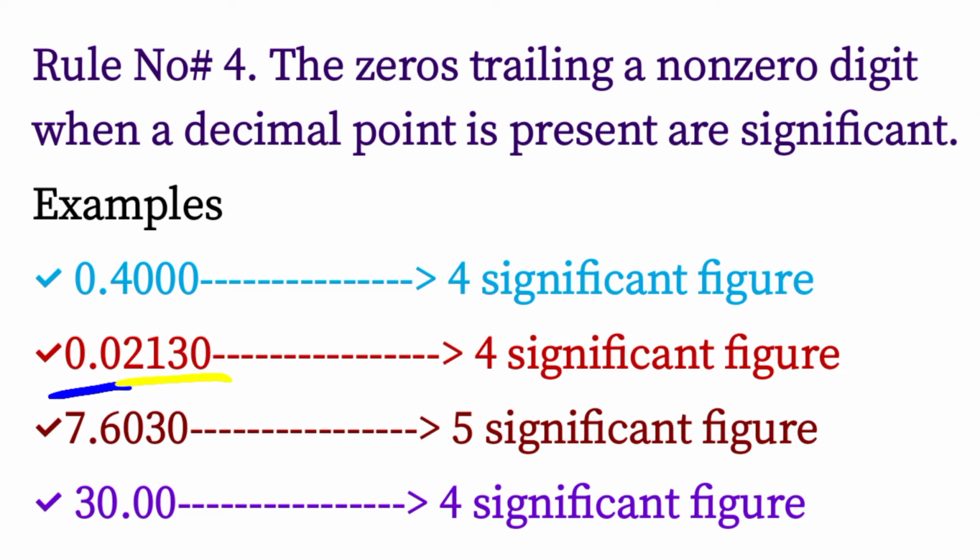The last 0 also is significant because we have got 3 non-zeros to the left side of it. Therefore, the last 0, which is called the trailing 0, is going to be significant because we've got a point. Therefore, we've got 4 significant figures.